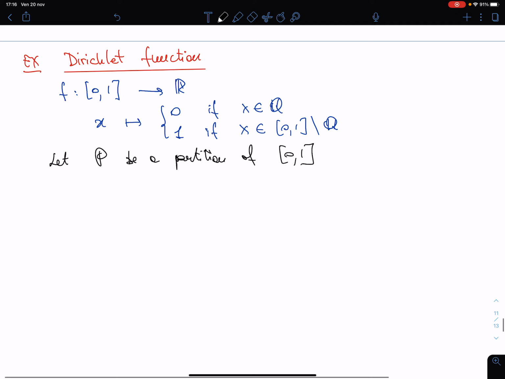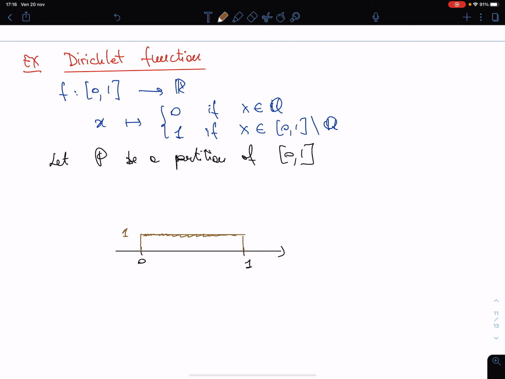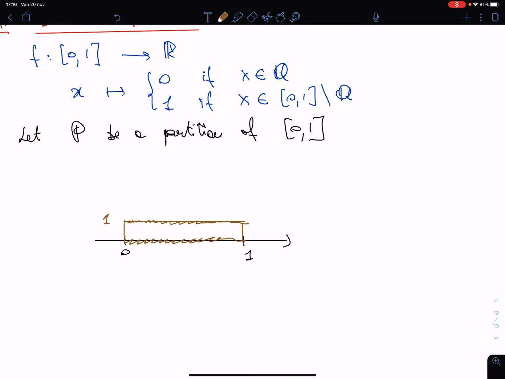If you want to remember a bit the graph of the Dirichlet function, here you have 0, 1, and then here you have 1, it is the level of irrationals, and 0, the level of rationals. So remember that both numbers, irrational and rationals, are dense.